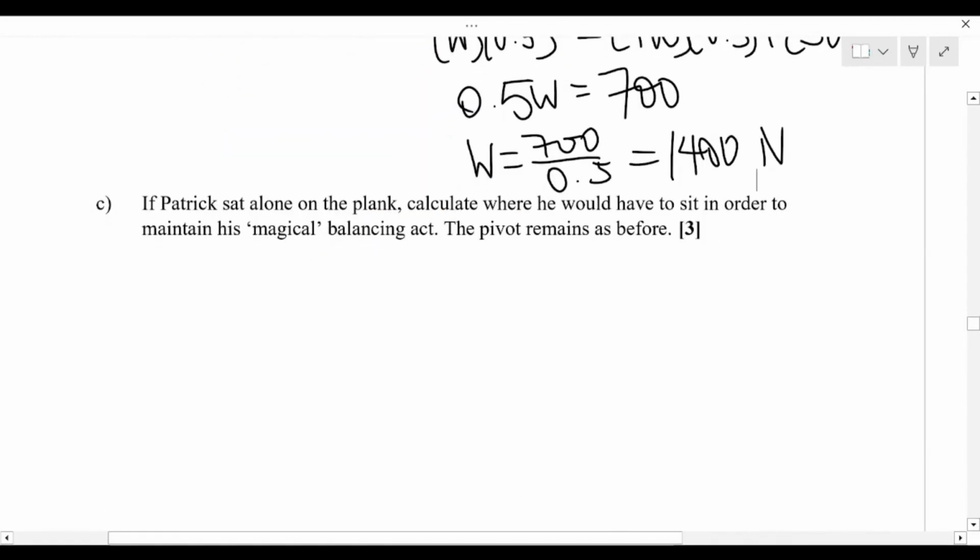We know that it is still true that the sum of the anti-clockwise moments has to equal the sum of the clockwise moments. So therefore, if we take our moments about x, Patrick of weight 500 newtons has to sit at some position from the pivot, let's call that D, and that has to be equal to the anti-clockwise moment, the weight times 0.5 meters at which it acts from the pivot.